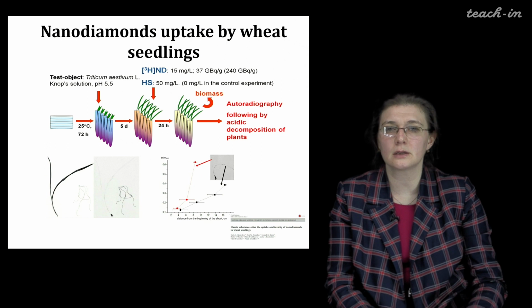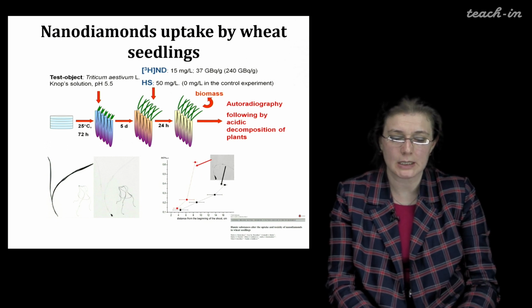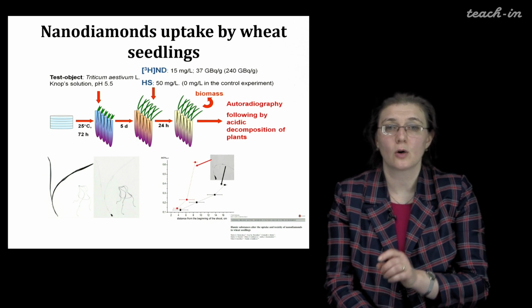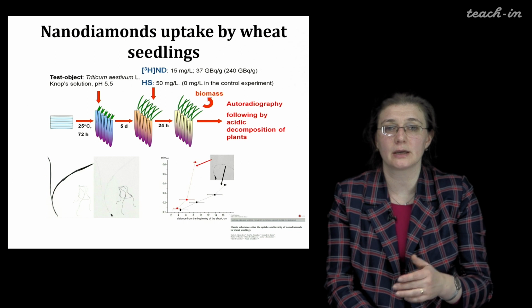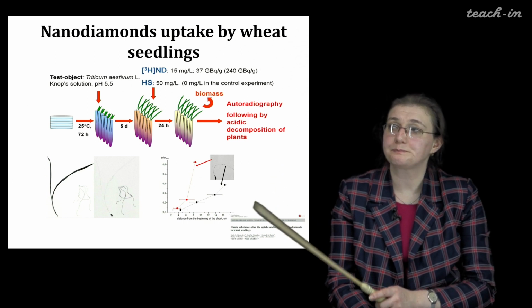Unfortunately, there are no exact techniques to find organic molecules on the background of other organic materials, for example, in the plant.